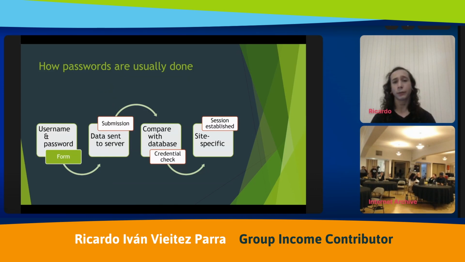Then the server does some processing to verify the credentials that are sent. So that username and password is usually compared with some table that already exists on the server, and then the server answers the question of is this the information that I'm supposed to get for that user, and if that works, then some kind of session is established in a way that is defined by that particular site.